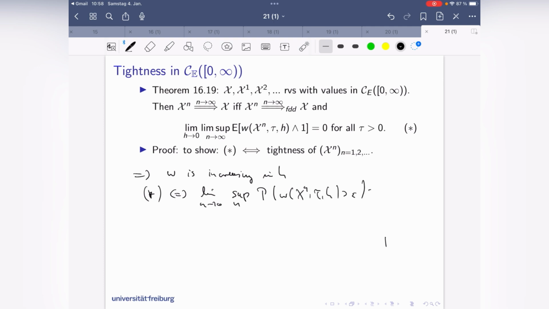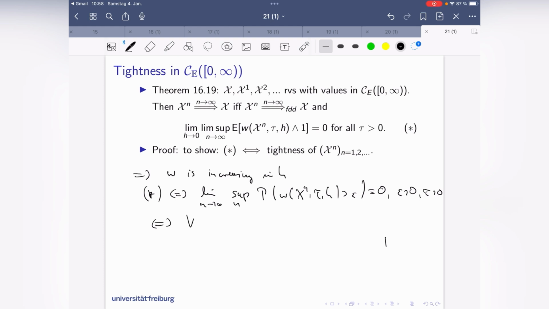And that must be 0 for all h bigger than 0 and tau bigger than 0. So that's the same as my star. And I can still rewrite this. Well, for this convergence to 0 here, I could also say, well, it's less than epsilon, and it still would be the same.